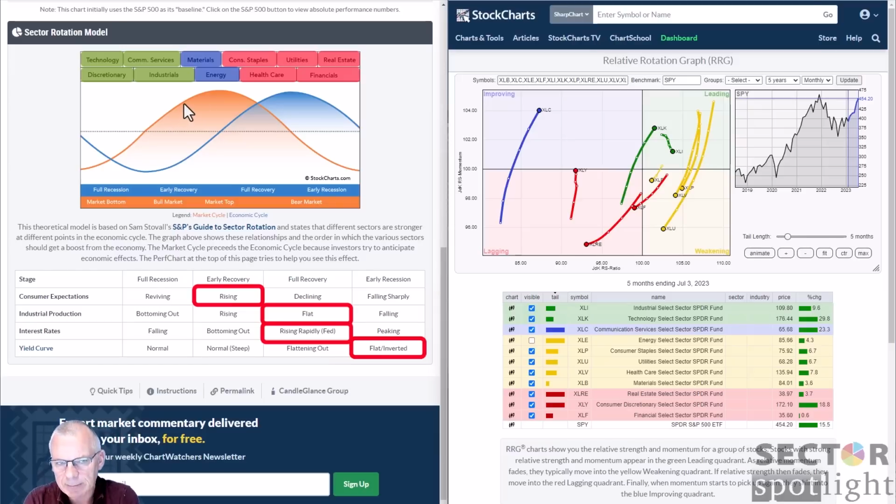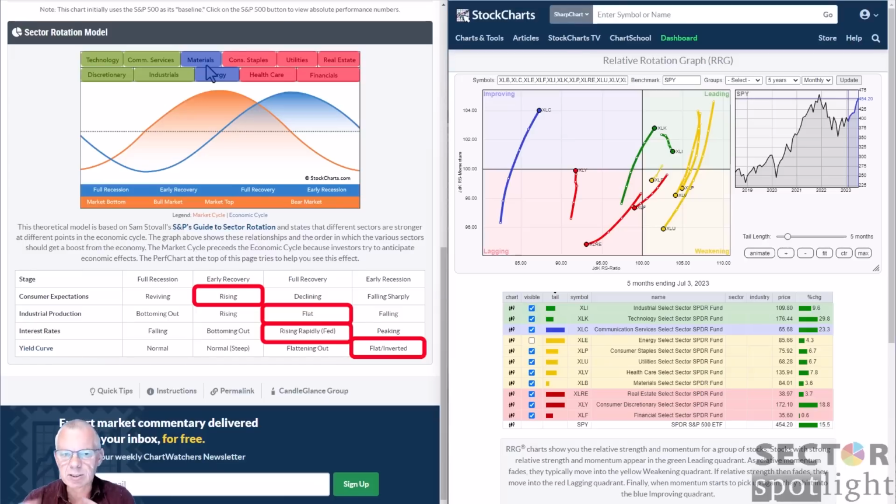So what am I looking at? If and when we see one of these four sectors, so technology, comm service, industrials, discretionary, starting to roll over, to become more neutral, and seeing materials and energy becoming more leading, showing outperformance, that's the situation, the event, if you wish, where I would start looking a little bit closer at a potential market top.